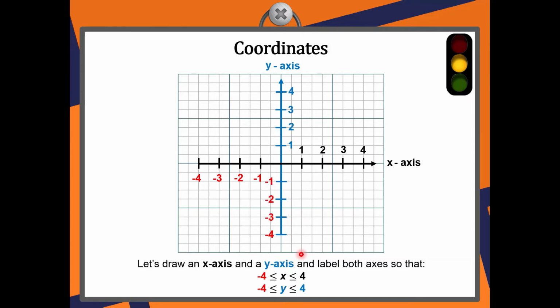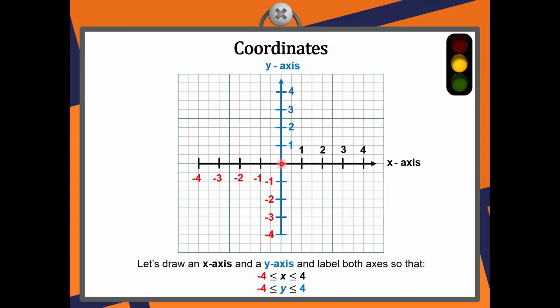This means that horizontally on the right side, the x-axis has positive values 1, 2, 3, and 4. And on the left side, the x-axis has the negative values -1, -2, -3, and -4. And in regards to the y-axis, we have first the values that are presented upwards.